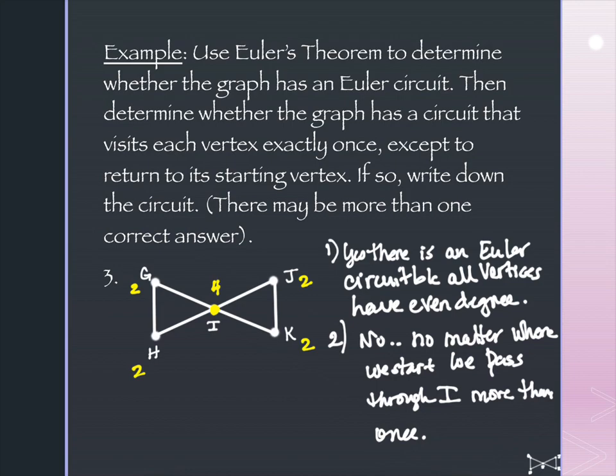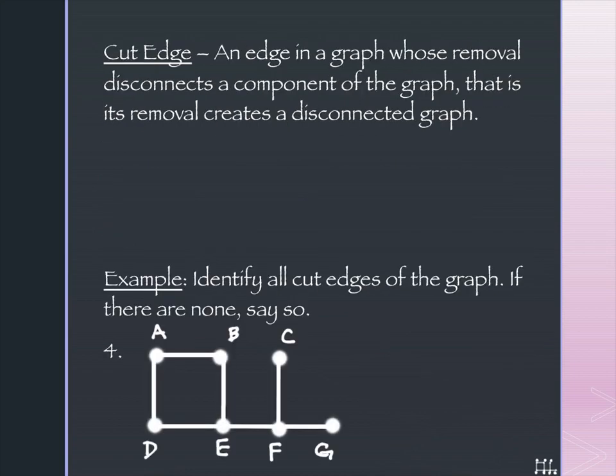Okay, so let's talk about something called a cut edge. A cut edge is an edge in a graph whose removal disconnects a component of the graph. That is, its removal creates a disconnected graph.